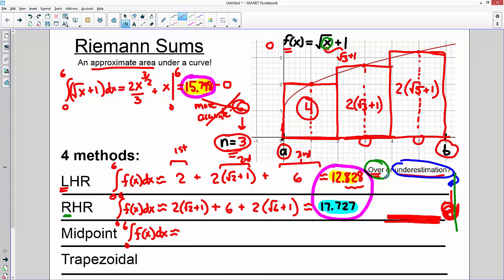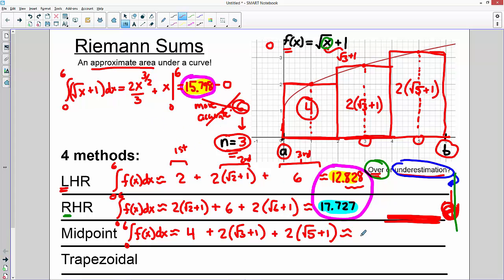Okay, and let's add that up and see what we get, right? So again, over here, we're going to get 4 plus 2 radical 3 plus 1 plus 2 radical 5 plus 1. And put that in your calculator, and let's see what you get.